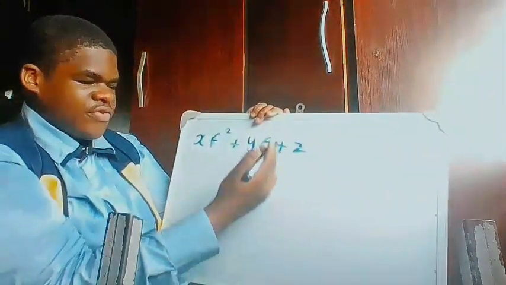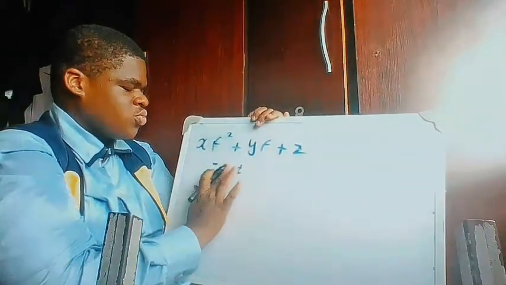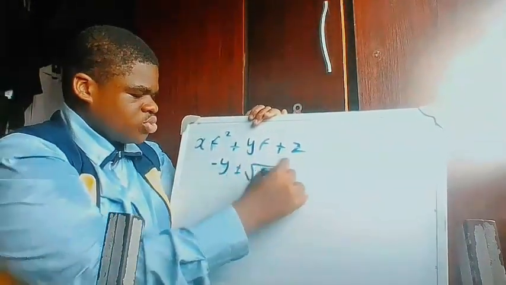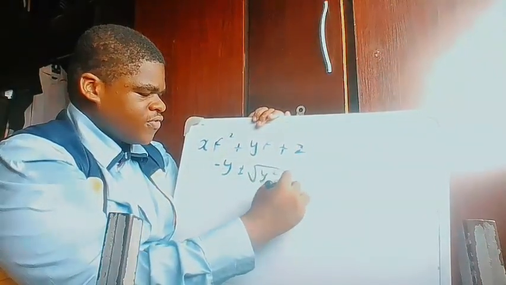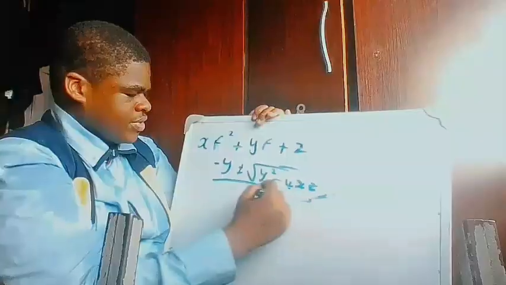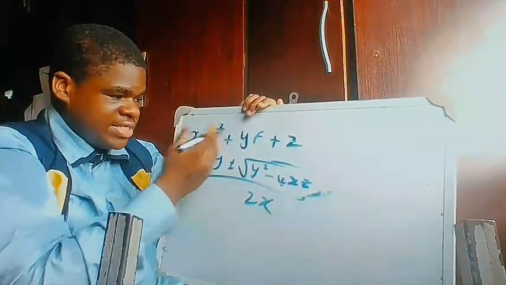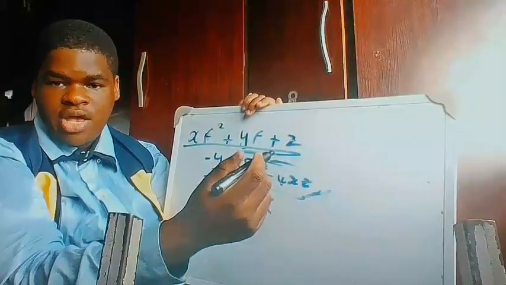The quadratic formula for this one is going to be minus y plus or minus the square root of y squared minus 4xz, divided by 2x. It's still correct. This is the quadratic formula for this particular quadratic expression.